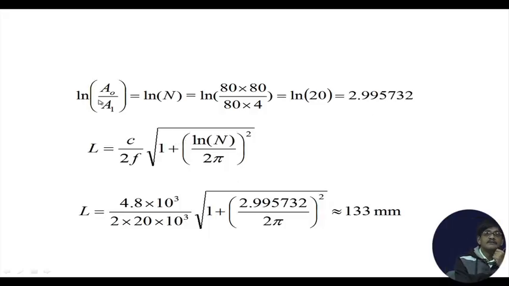So see, A0 and A1, these are given to us. A0 is the original cross section at the transducer end, and A1 is the cross section at the tool end.